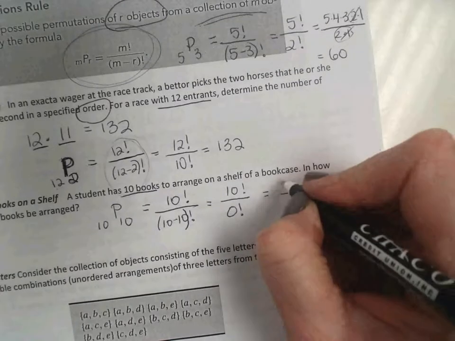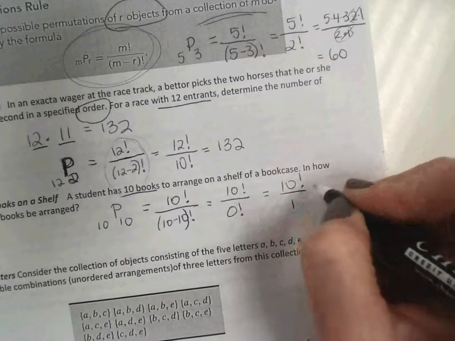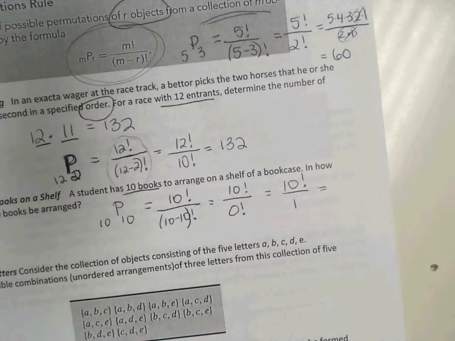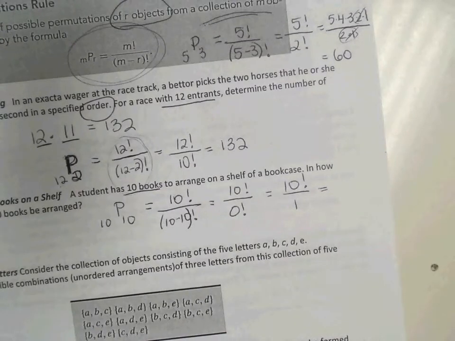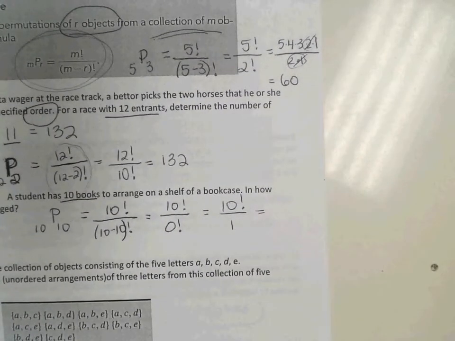So you have 10 factorial. All you really need to do for this one is enter into your calculator 10 factorial. Go ahead. I'm waiting on you. Enter 10 factorial in your calculator, please. What'd you get?